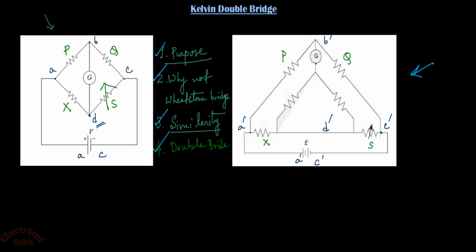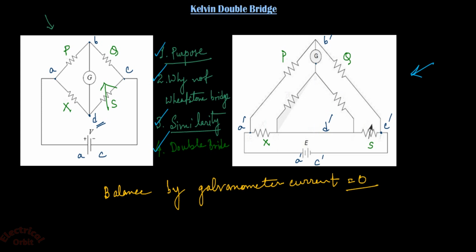Now, same as in the Wheatstone bridge, you first have to balance the bridge by making the galvanometer current equal to 0. Clear? Now your next question will be how these inner resistances connected along with the outer resistances in the Kelvin double bridge create the difference.